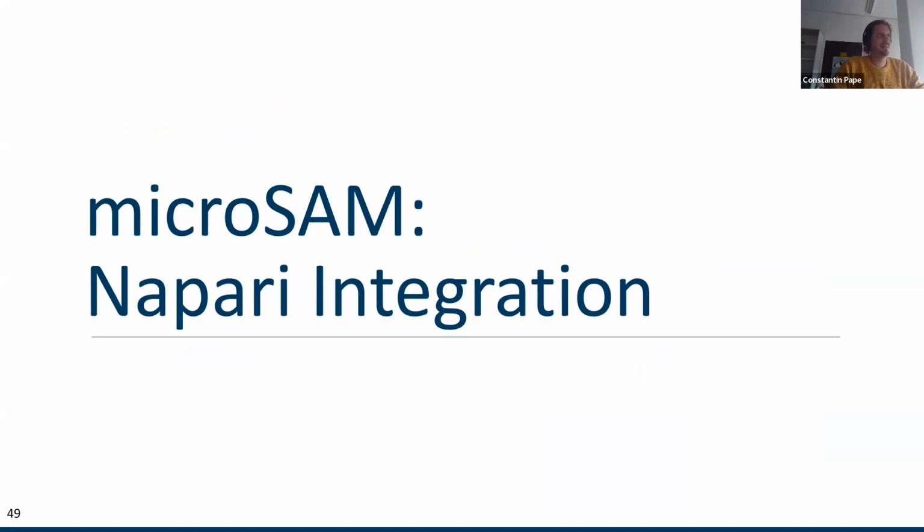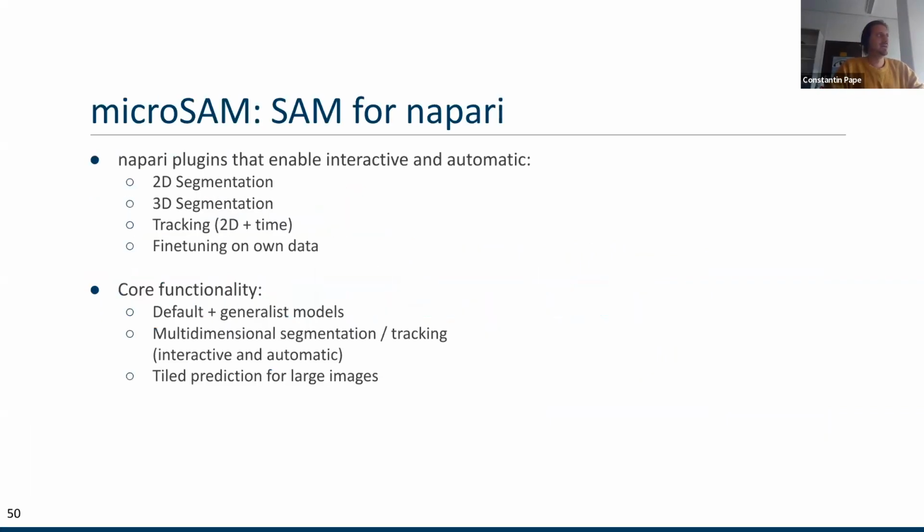Then, of course, one of the main things that we have is the napari tool that makes available the overall segmentation capability of SAM and also integrates our fine-tuned models with it. In a nutshell, what we support is 2D segmentation, 3D segmentation using these 3D features that I've shown a couple of slides ago, also tracking, and then also the fine-tuning on your own data.